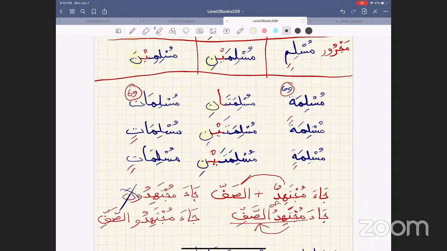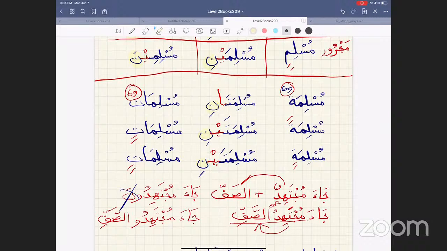Okay? So that is, inshallah ta'ala, today's lesson: all those noons can drop when it is a mudaf in an idafa construction. We'll keep it short like this. For those who forgot these charts, they can re-memorize them tonight, inshallah: the Muslimun, Musliman, Muslimin, Muslimani, Muslimuna, Muslimina chart, and the Muslimatun, Muslimatan, Muslimatin to the end.